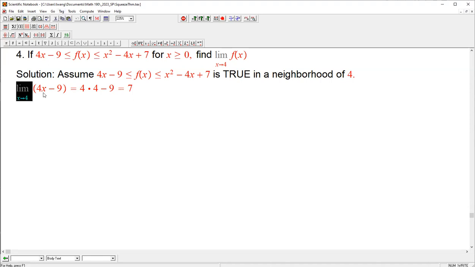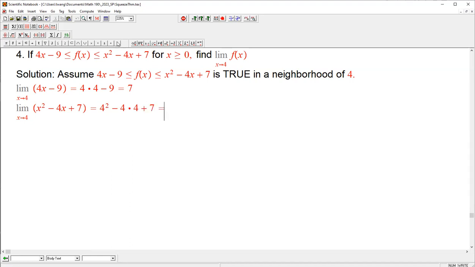And we will take a limit on the function that's above f, and that's going to be x squared minus 4x plus 7. Direct substitution, that's going to be 4 squared minus 4 times 4 plus 7.